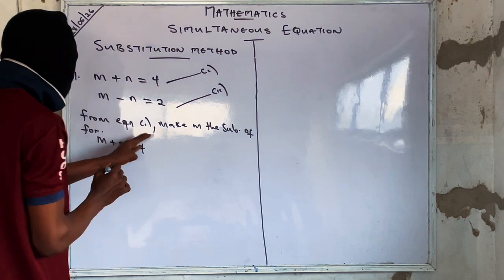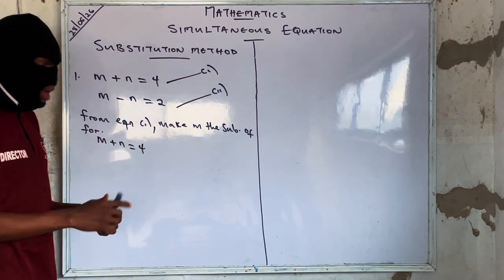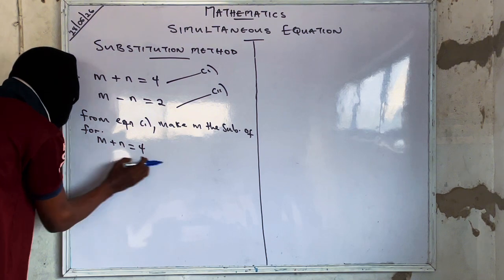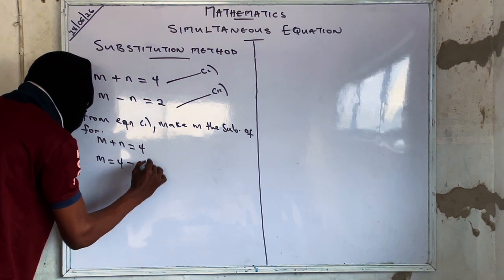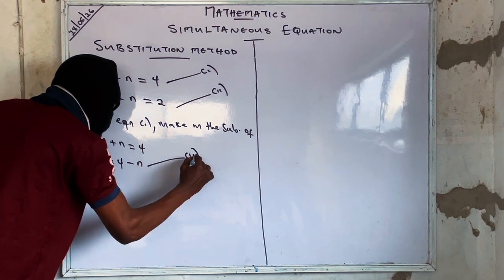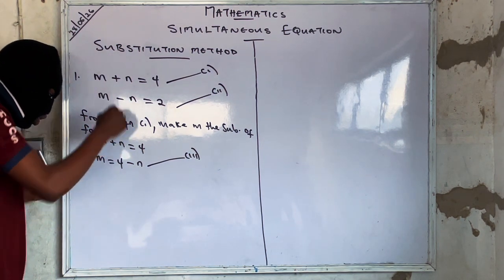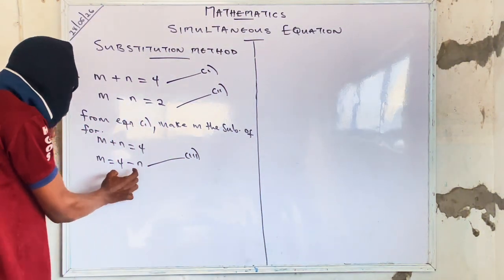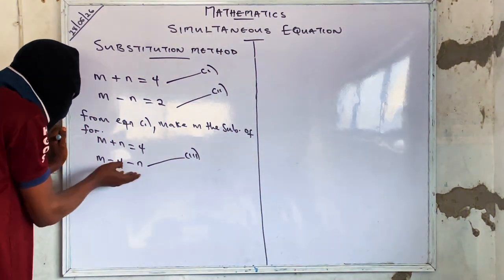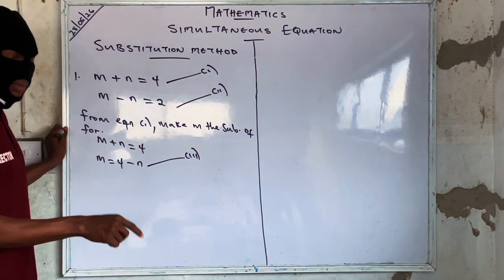Now m equals 4 minus n, which is your equation 3. Make sure that m is already the subject of the formula.